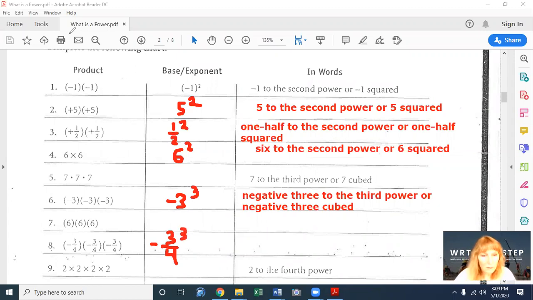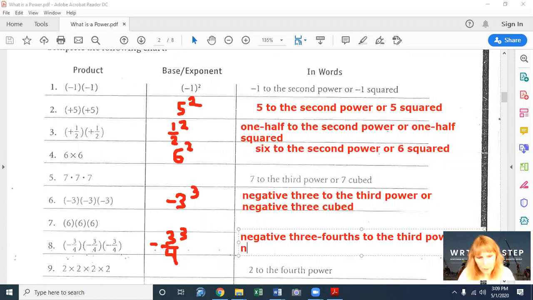Right, and that's exactly how you would put that in words: -3/4 to the third power, or -3/4 cubed. Yeah, very good.